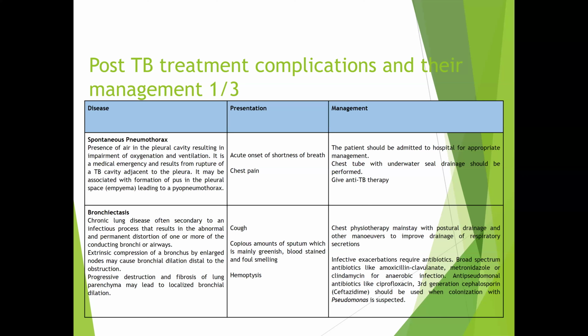They produce a lot of sputum, and most of our patients come with the sputum in a vessel or a cup. It is consistent, always greenish in color, sometimes blood-stained, and foul smelling. These patients may only present with hemoptysis.